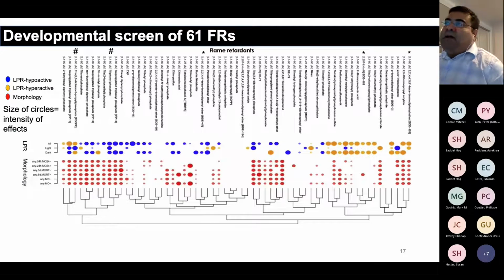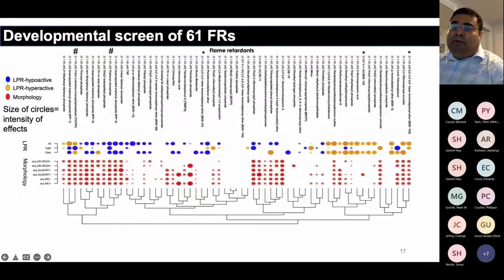So this slide represents the results from our developmental screen, and I know that these figures are really hard to read, so I'll try to walk you through this figure. What you see at the top is the 61 different flame retardants. In the bottom, if you see a red circle, that means that the flame retardant was positive for a morphological phenotype.